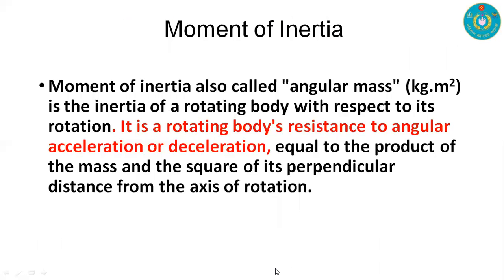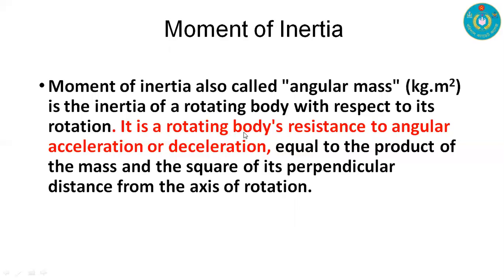In the previous slide we introduced the term moment of inertia. Here the definition of moment of inertia is given. Moment of inertia is called angular mass, and it is the inertia of a rotating body with respect to its rotation.